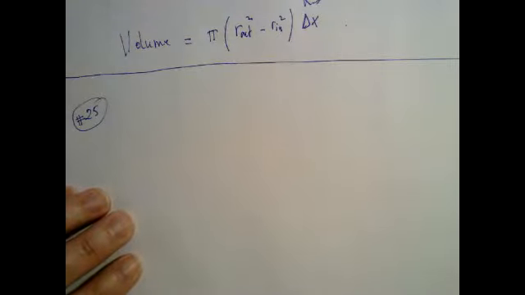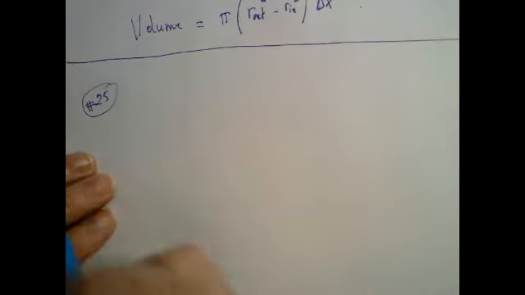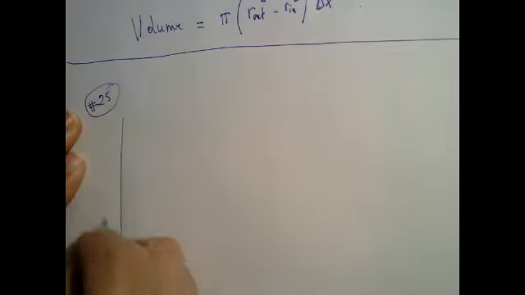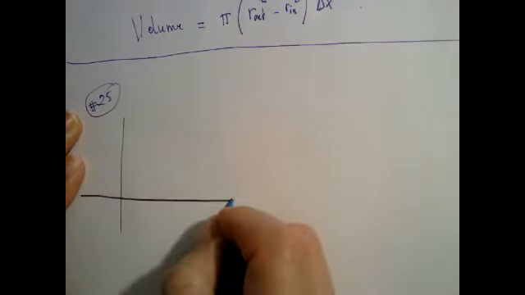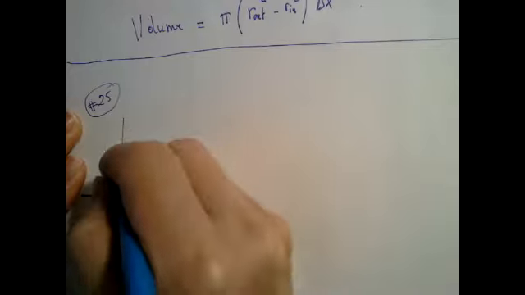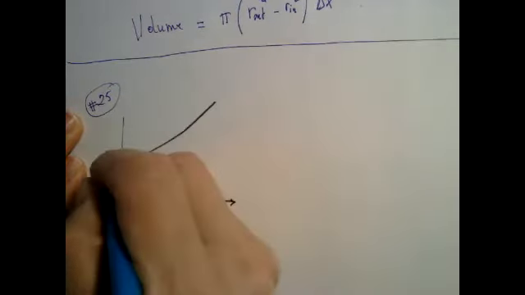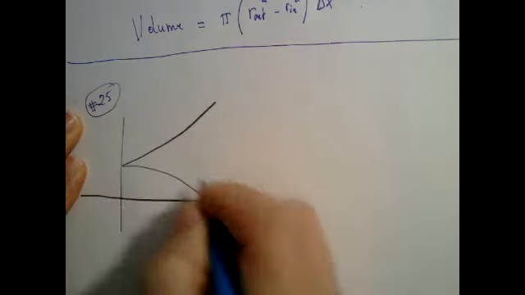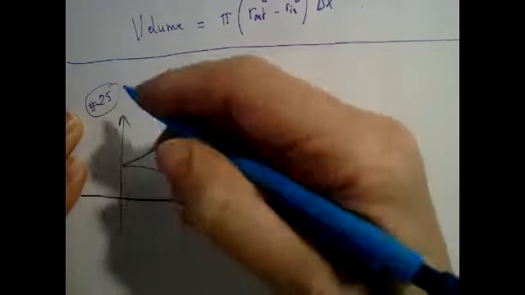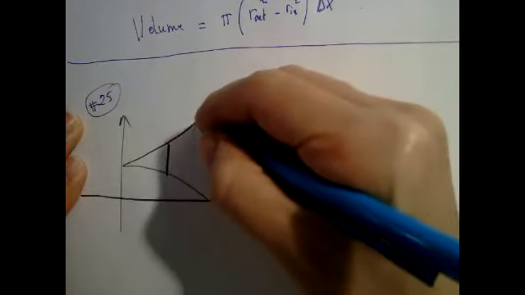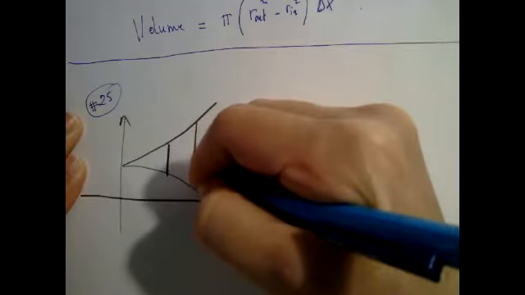In number 25, we have the following curves, one going up like that, one going down. And this is the region.